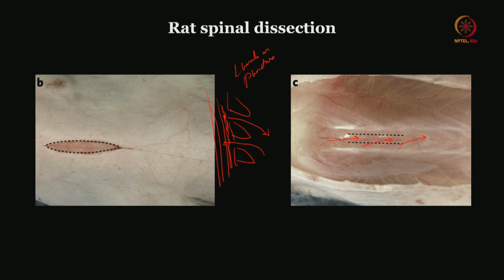Then this anatomy is very important. There should not be any bend in the spinal canal like scoliosis or kyphosis, because the anatomy is different and you will not be able to tap the CSF canal. So, that rat should not be selected for the experiment.